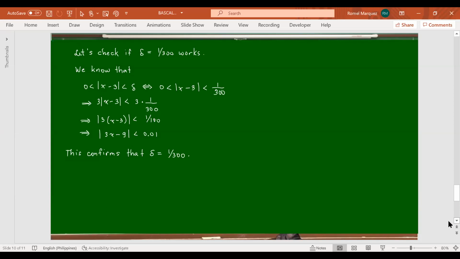So let's have the actual proving, using the limit definition, that is Delta-Epsilon. Okay, so this is the problem. Prove using the Delta-Epsilon definition of limit.